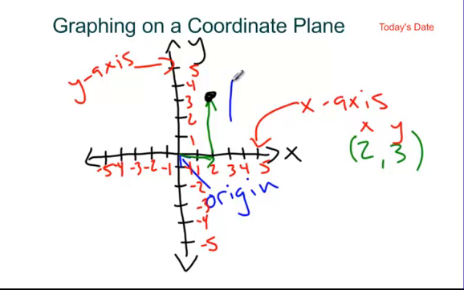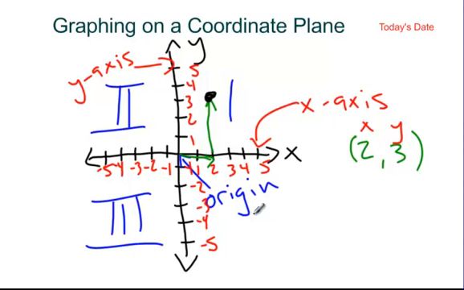So that's quadrant I. Over here is quadrant II, here's III, and down here is quadrant IV. So upper right is 1, upper left is 2, bottom left is 3, and bottom right is 4. It basically goes in like a big C pattern. Okay, so you should have all that stuff labeled.